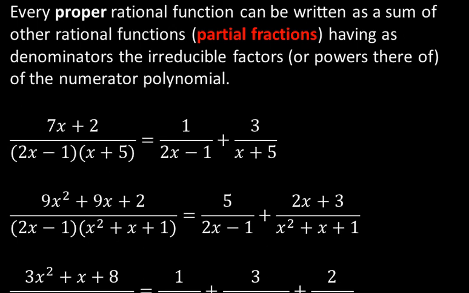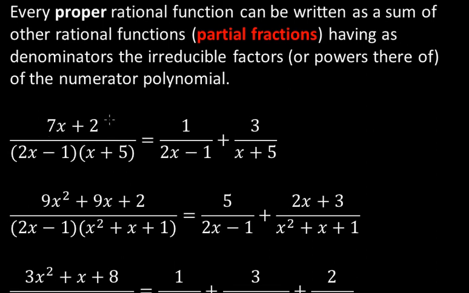In the first example, we have a degree 1 polynomial over a degree 2, a proper rational function, and the denominator, I just have it factored for you. You don't know how I did this, just see. You could check it and cross multiply and add, and you'll see that hopefully it's correct.